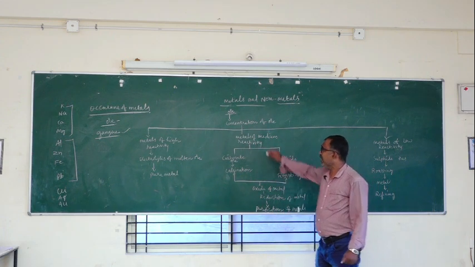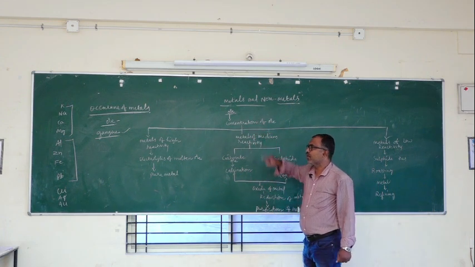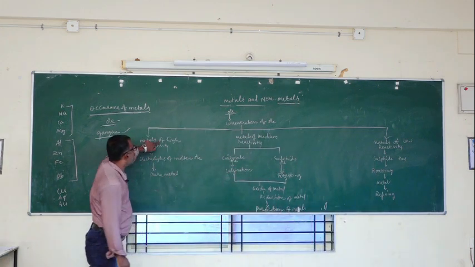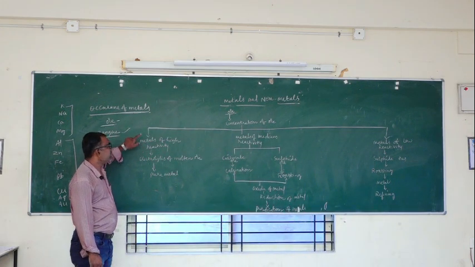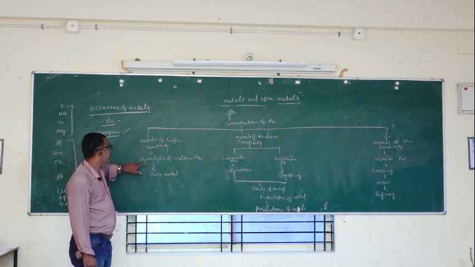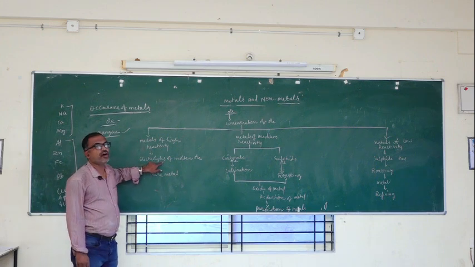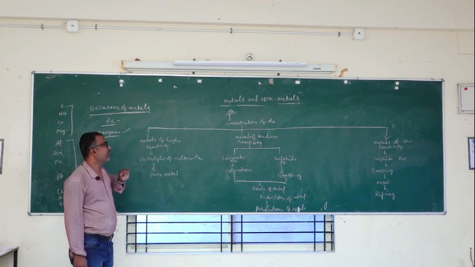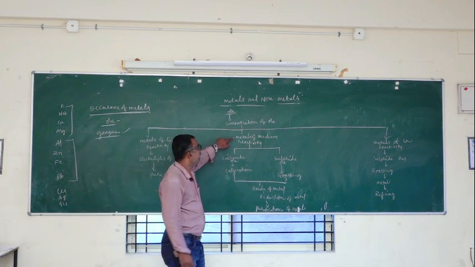Next, after the concentration of the ore, it is classified into metals of high reactivity. These highly reactive metals are extracted by electrolysis of the molten ore, and then the metal is purified.